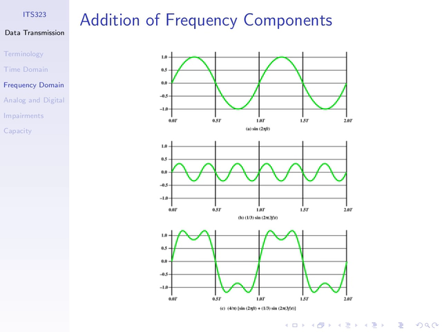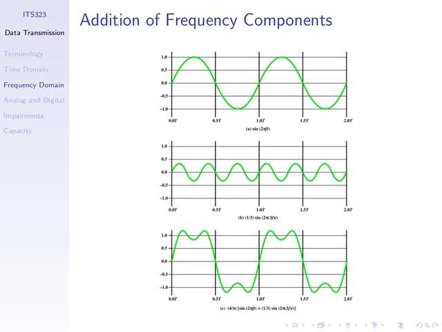This component has a peak amplitude of 1, the second a peak amplitude of 1/3. So we have an impulse here of height 1, and at frequency 300 we have an impulse of height 0.33, 1/3 of this one. This is a plot of our same signal but viewed in the frequency domain.